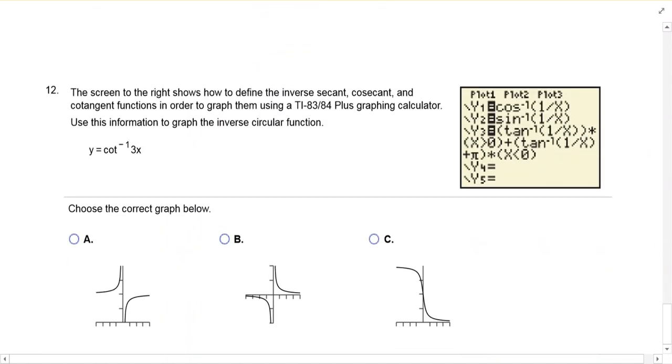Number 12 says the screen to the right shows how to define the inverse secant, cosecant, and cotan, and use this information to graph the inverse circular function. So this is what we're going to do.